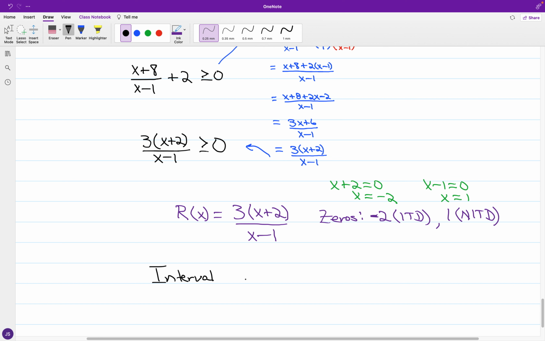Okay, so you got for the interval. Okay, so the lesser of the zeros we have at negative 2. So the first interval will be those values of x less than negative 2. And next we have those values of x greater than negative 2 and less than 1.